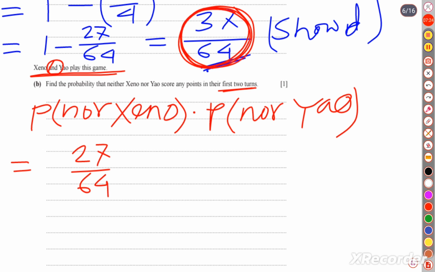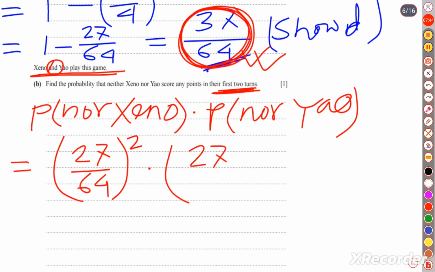Look at this, in the first two turns, this is the probability of success of one turn, but we are calculating for two turns. So failure means q, two times. The same goes for Yao. Yao also failed two times, so the probability is exactly the same, 27 over 64, and he also failed two times.